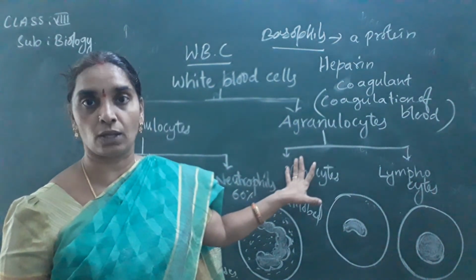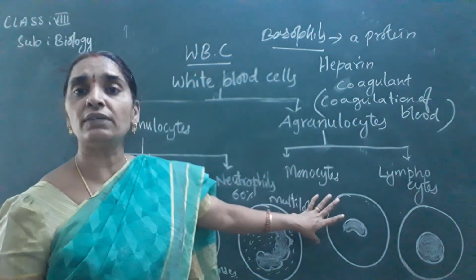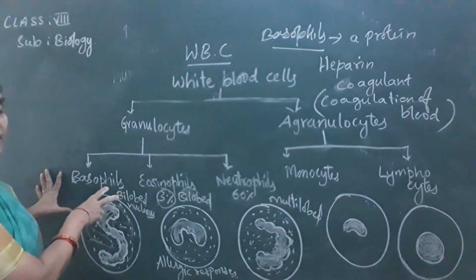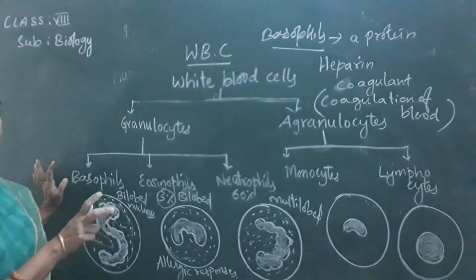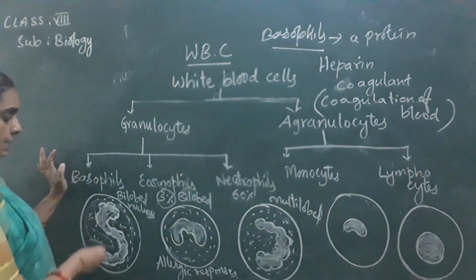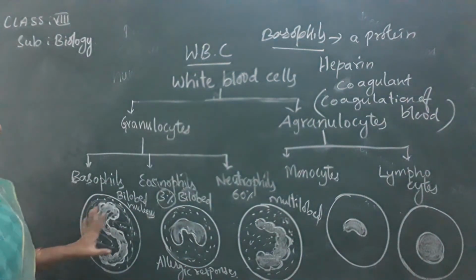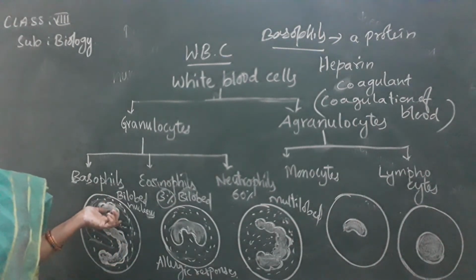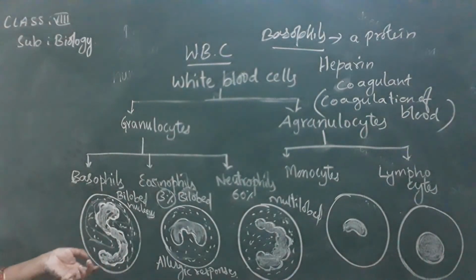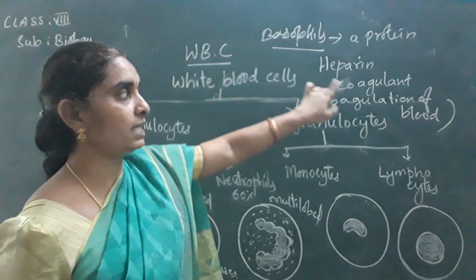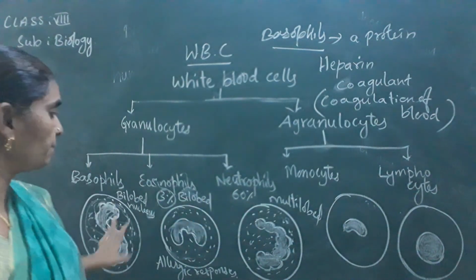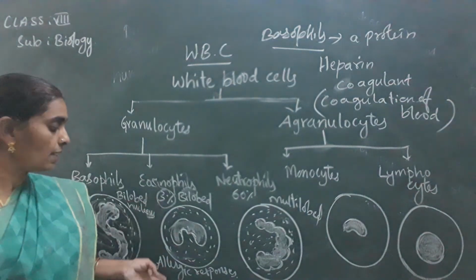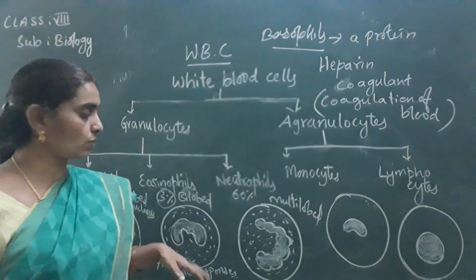The nucleus is large, and they protect our body from disease-causing germs. Basophils are bilobed with a constricted nucleus, and contain the protein heparin, which helps in the coagulation of the blood. Eosinophils are 3% of our blood cells, and they cause allergic responses.